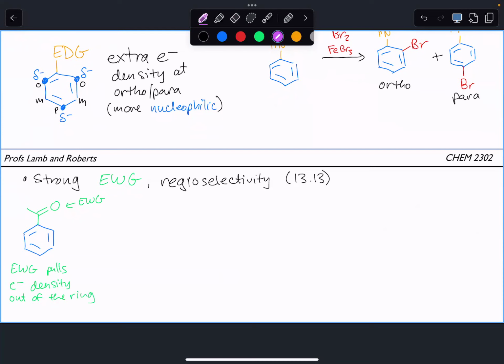Okay, so again, we're going to draw a bunch of resonance structures. We are now going to break the closest pi bond in the aromatic ring. We're going to pull it out, and that goes up into the carbonyl. This is why it pulls electron density out, because that oxygen is an electronegative atom. It wants that electron density, so it pulls electron density out of the ring.